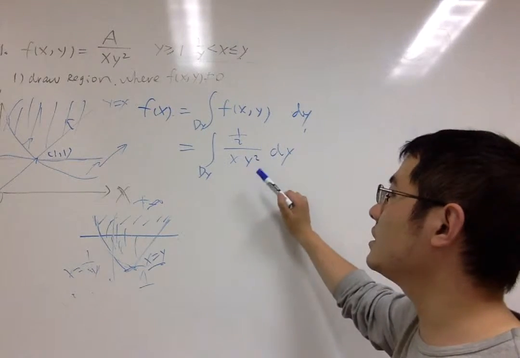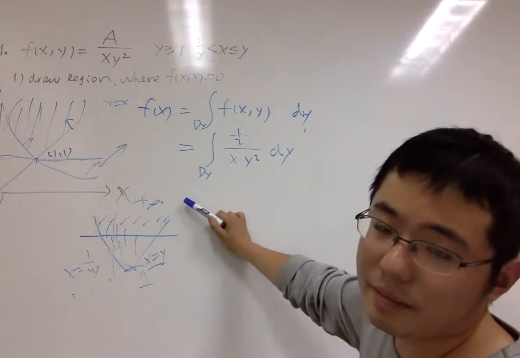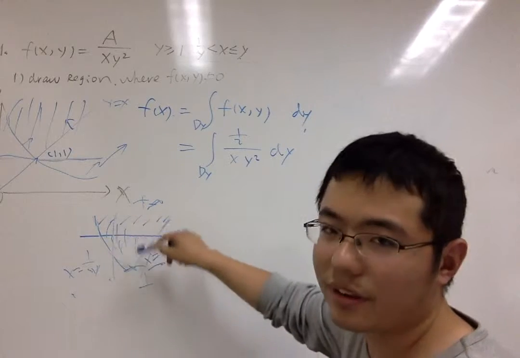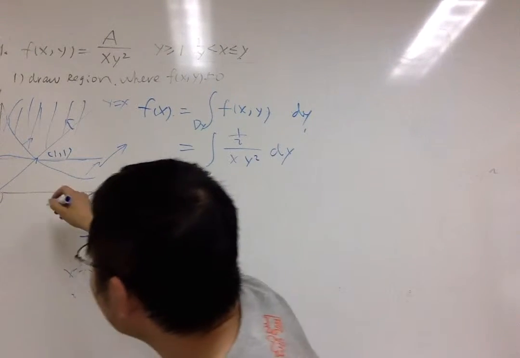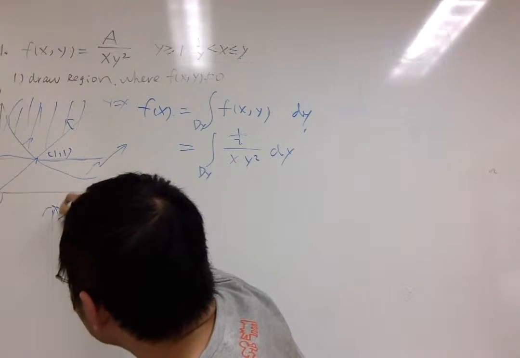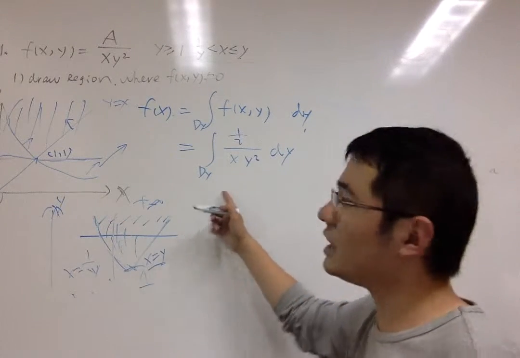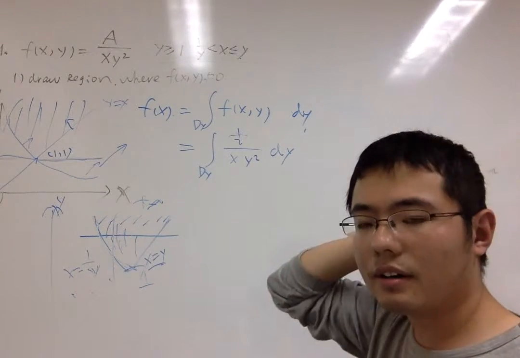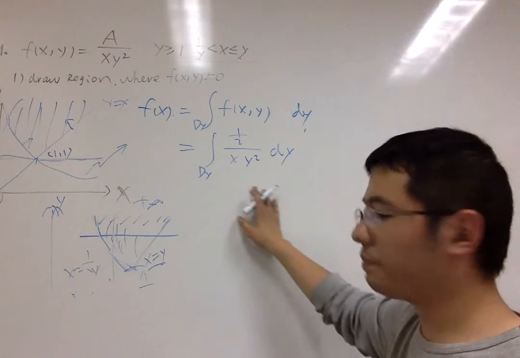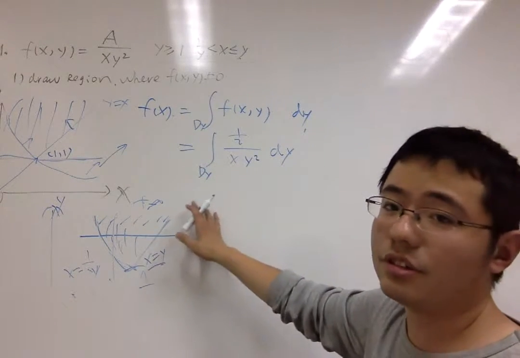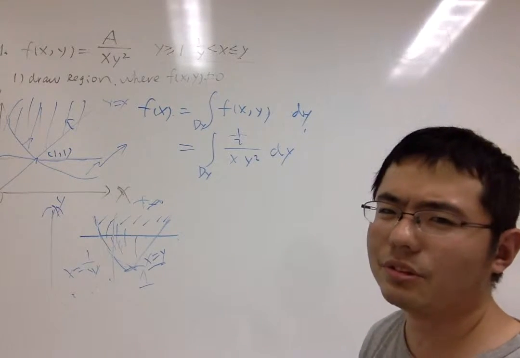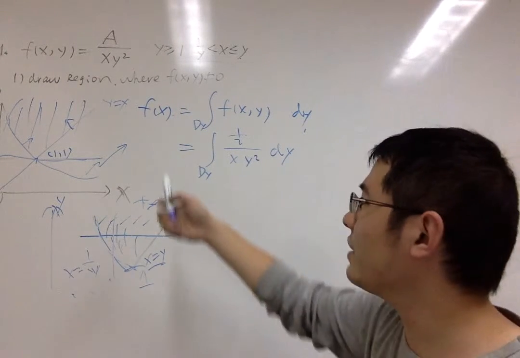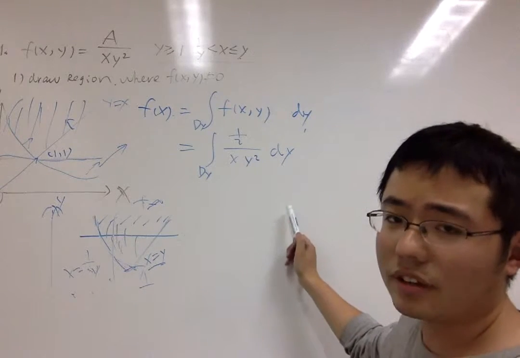So we substitute like this. I wrote dy, meaning the projection onto the y-axis. So the integration should be like this. However, when we want to find the marginal function of fx, we should integrate over dy.